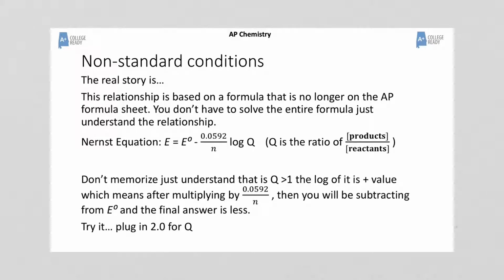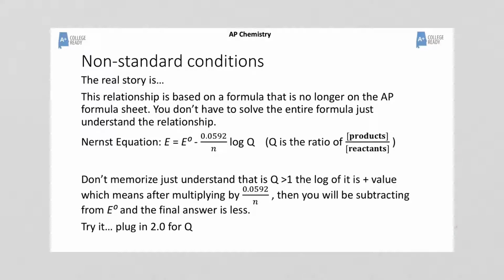Now, where does this really come from? It comes from a formula called the Nernst equation. It's not on the AP exam anymore, but if you look at it generally, it helps you understand why this ratio is such a big deal. The math explains everything on the other slide a little bit better.